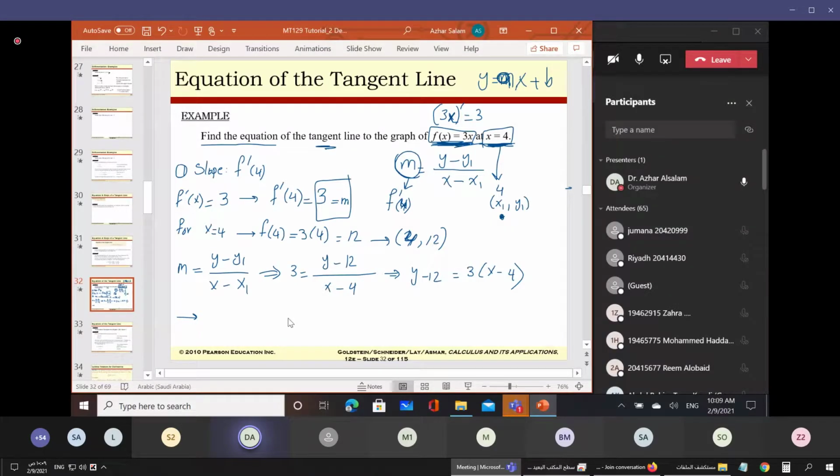Here y minus 12 equals 3x minus 12. Of course, I can omit the minus 12 on both sides, so y equals 3x. I notice that the slope of this tangent line is also 3. So the solution here is y equals 3x.